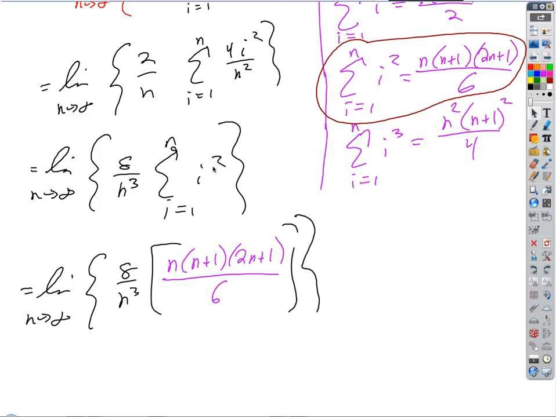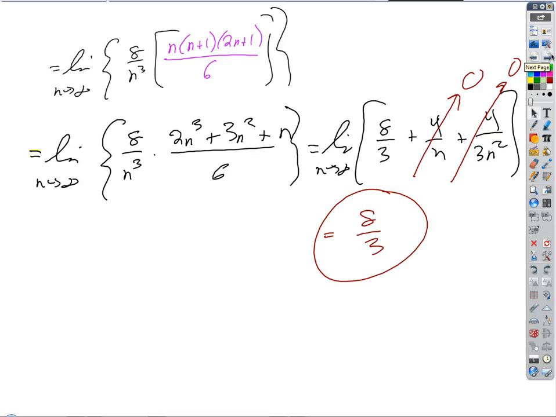If I expand that out and distribute, I get 8 over n cubed times that stuff, and distributing gives a sum of three terms. What's interesting is that in the limit as n goes to infinity, all the terms that have n's on the bottom go to 0. So three of the terms are extinguished, and I'm left with just the first term, which is 8/3, or 2 2/3, right? That's what we found the actual area to be.